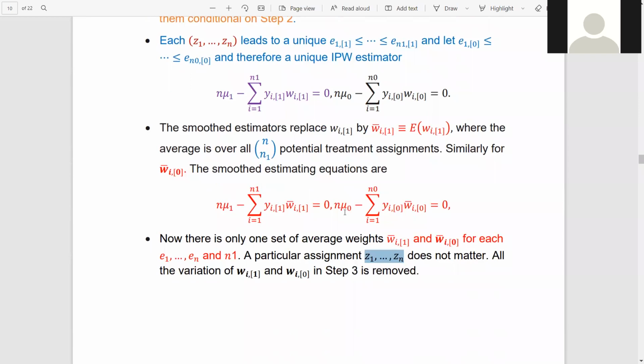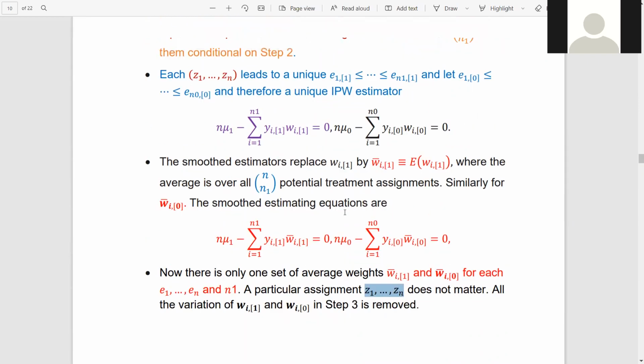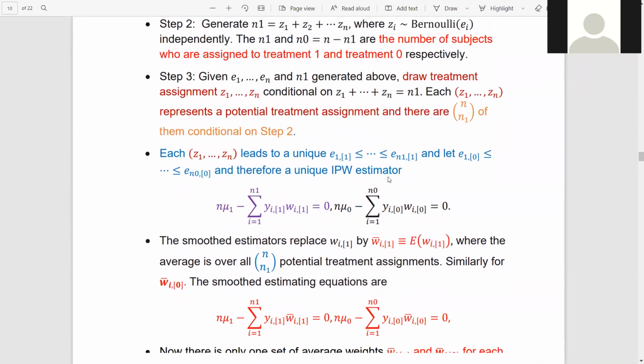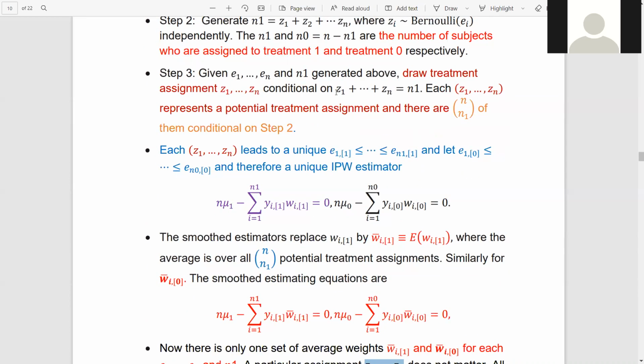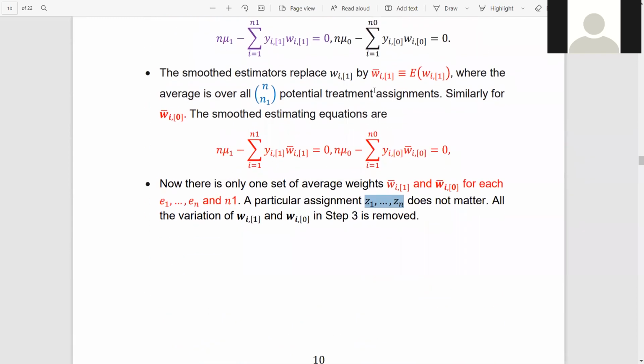So the variation is substantially reduced. Before, the variation depended on what unique sequence of Z1, Z2, and Zn. Now we just average over all these potential treatment assignments, so we get rid of this huge variation.